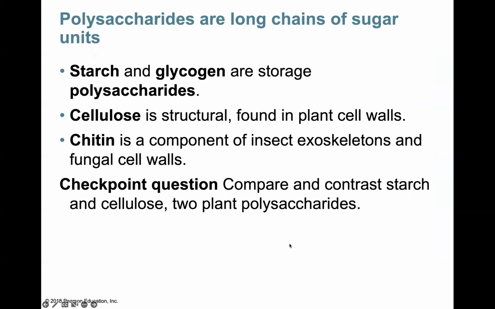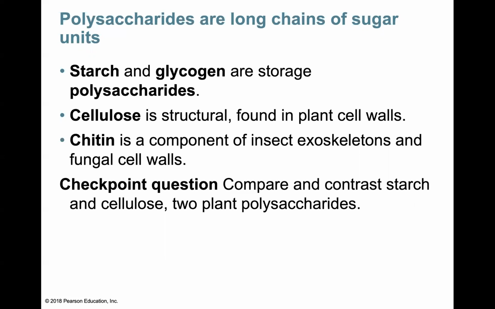So polysaccharides are long chains of sugar units. There are other storage forms of these polysaccharides that we might find in plants and animals, such as starch and glycogen. Cellulose is a structural polysaccharide found in plant cell walls, while chitin is a component of insect exoskeletons and fungal cell walls.